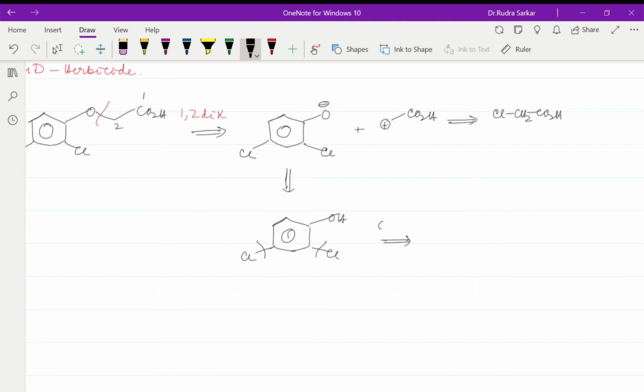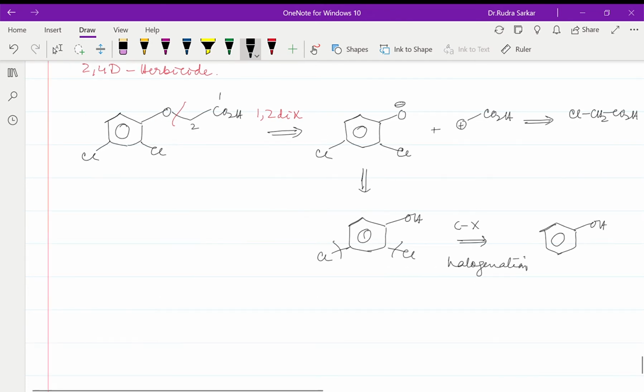So we are doing basically C-X disconnection, and we will say this is basically halogenation, and that will give us a simpler unit, which is basically the phenol over here.